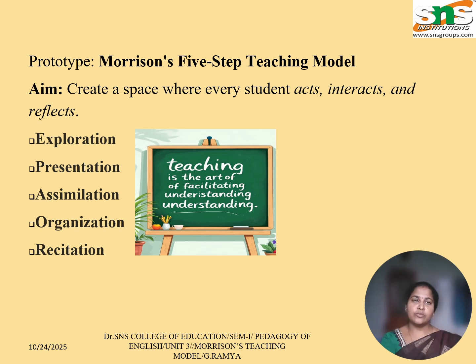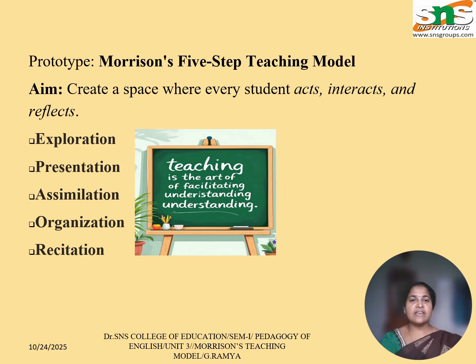Next comes the prototype, that is Morrison's 5-step teaching model. Here he aims at exploration, presentation, assimilation, then organization, and last is recitation. So these are the steps Morrison creates in his teaching model. The aim of this step is to create a space where every student acts, interacts and reflects.